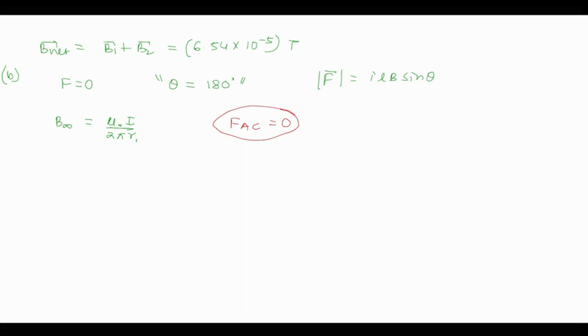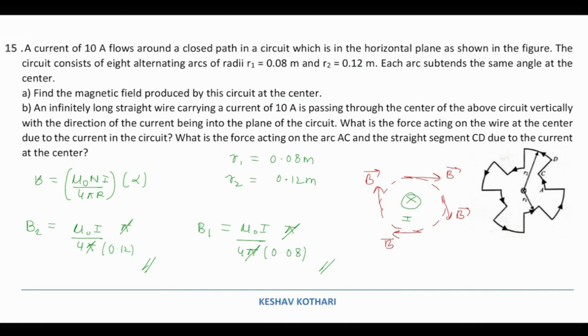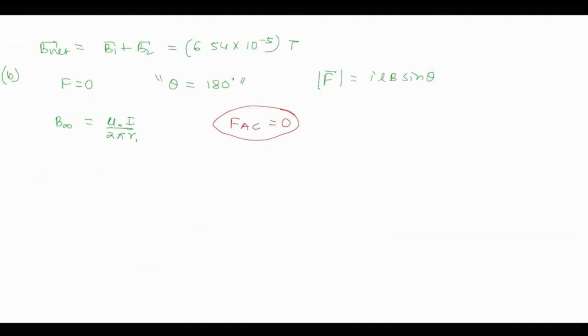Now in the next part, we are calculating the force on the segment CD due to the current at the center. So let us calculate the force on segment CD.